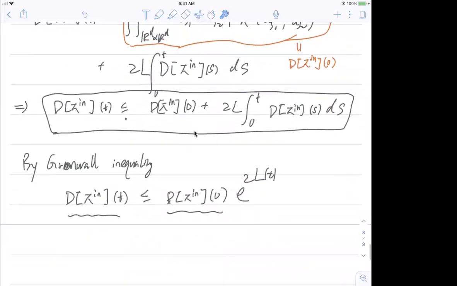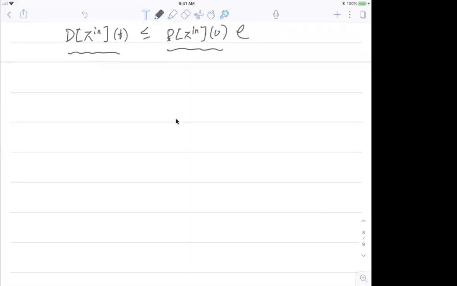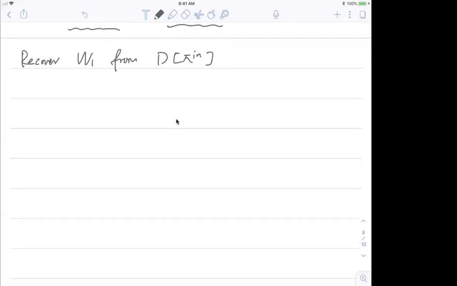So I will just continue. Recover. How to do that?